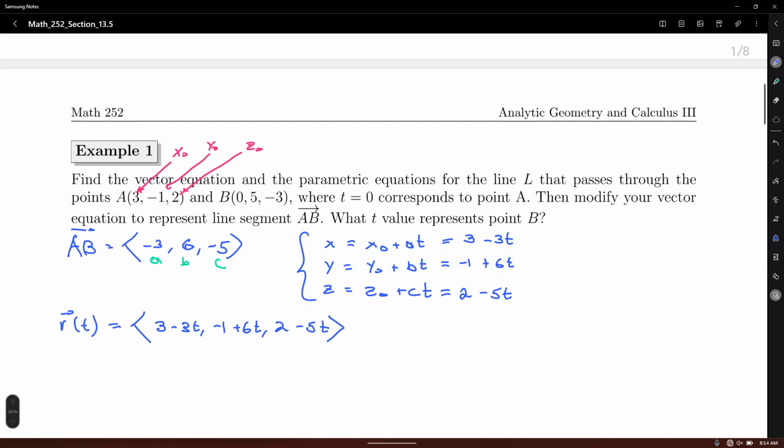Now, here's the thing. When you work on your homework, you may see a different notation. This is what some exercises do as far as format. They write a separate vector with the initial point, 3, -1, and 2, plus t times the direction vector, that is -3, 6, and -5.